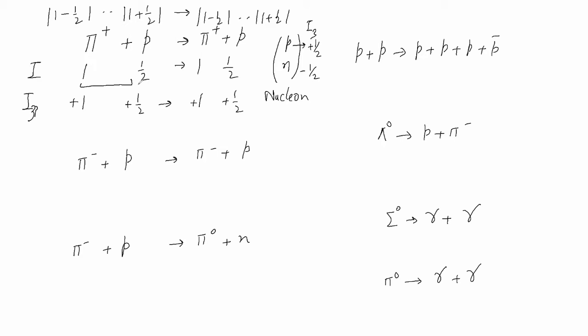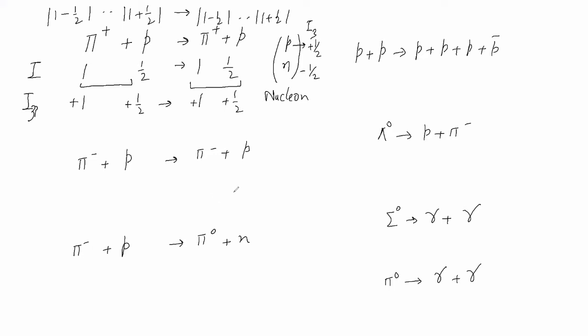That means what are the possible values when you are adding these two angular momenta? The possible values are half and 3 by 2. You have also on the right hand side a value of half and 3 by 2.